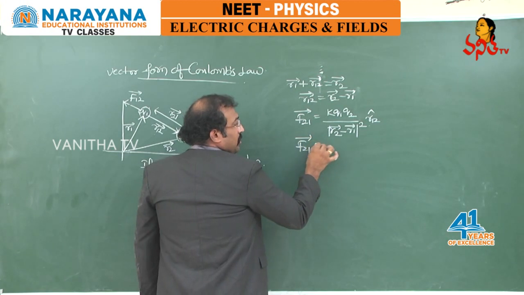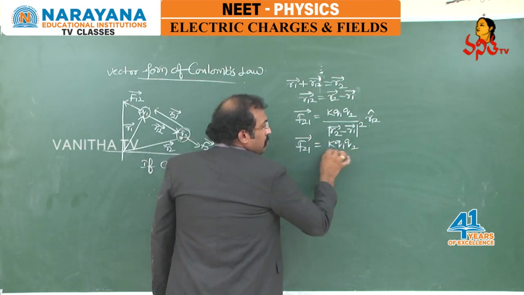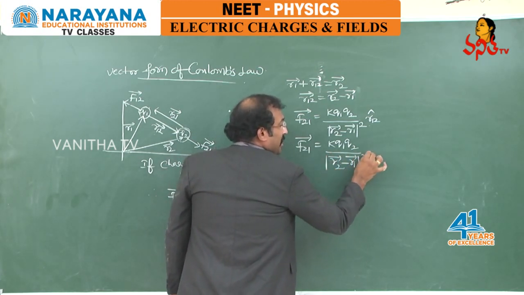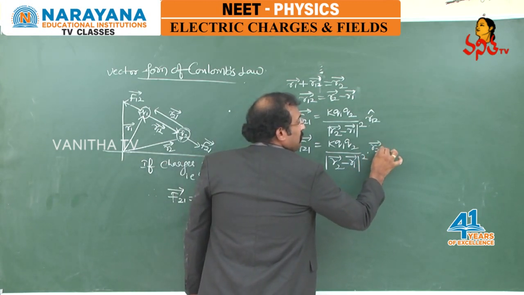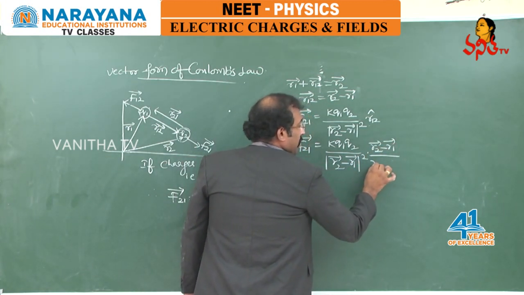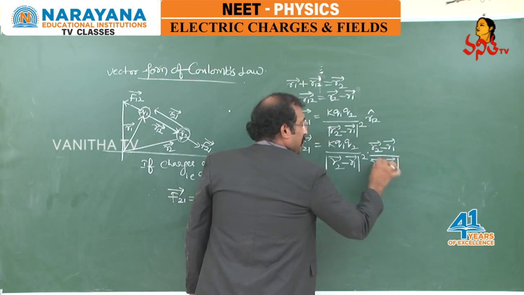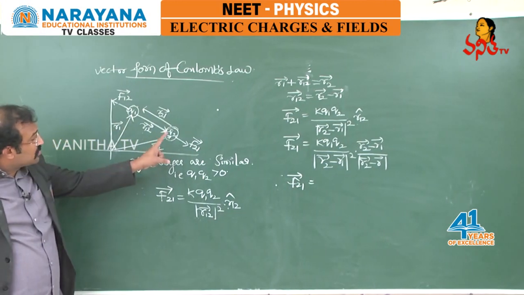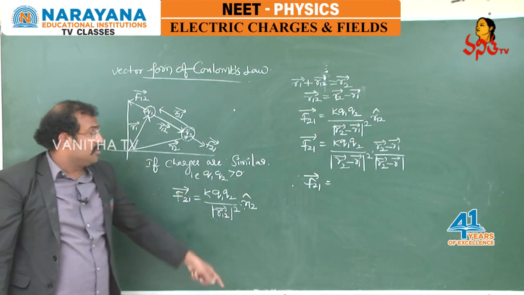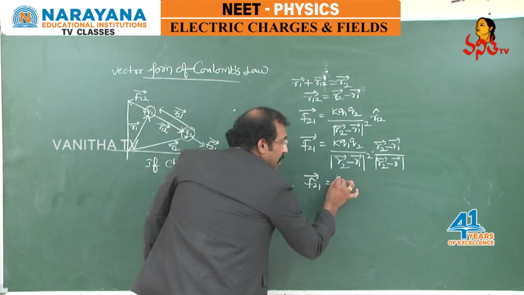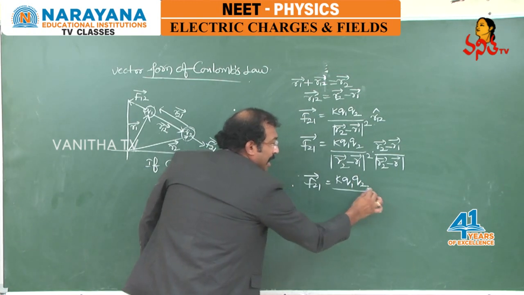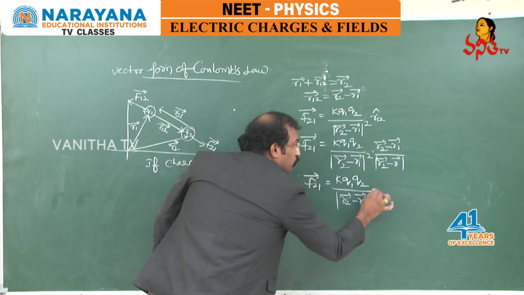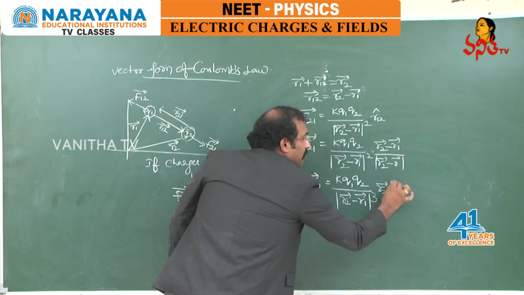So F21 bar is equal to K Q1 Q2 by magnitude of R2 bar minus R1 bar squared into R2 bar minus R1 bar by magnitude of R2 bar minus R1 bar. So finally, the force on 2 due to 1 can be written as K Q1 Q2 by magnitude of R2 bar minus R1 bar cubed into R2 bar minus R1 bar.